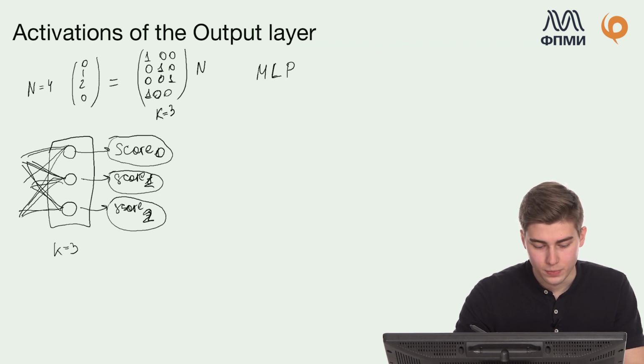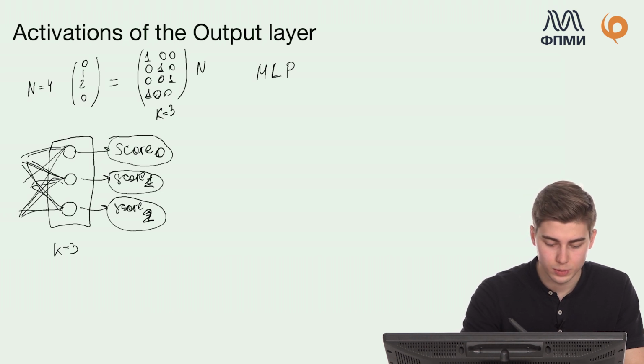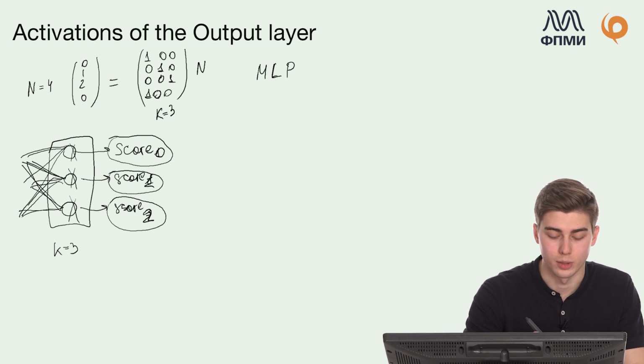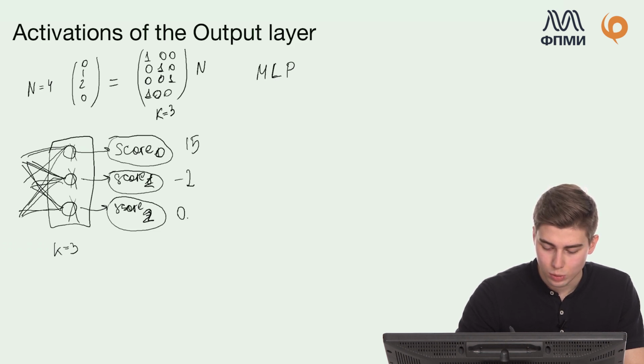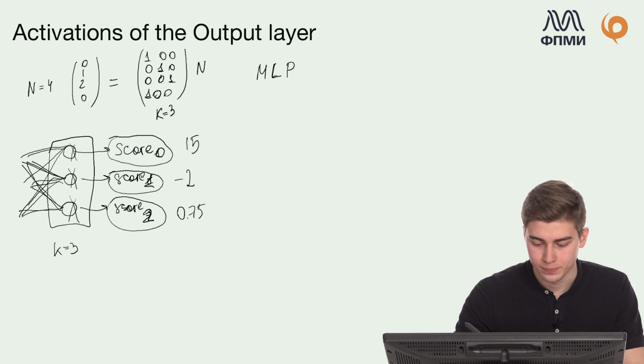But this is not the probability itself, because in the output layer, these neurons don't have any activation function. It's just the linear transformation of the output of the previous hidden layer. And here we can have just numbers like 15, -2, 0.75, and this would be okay.